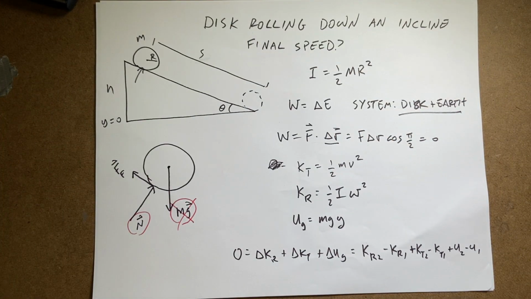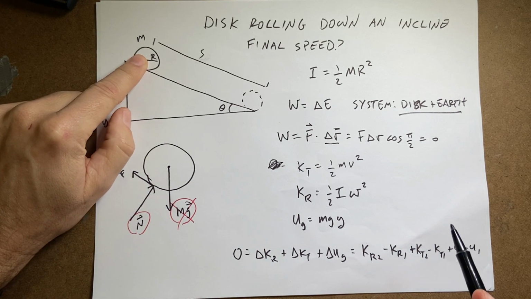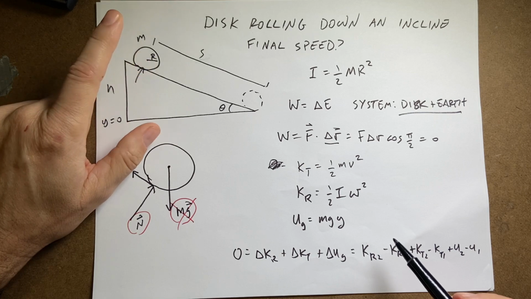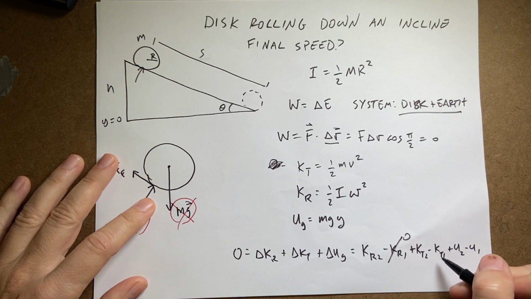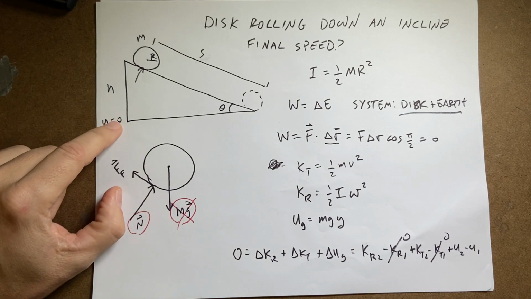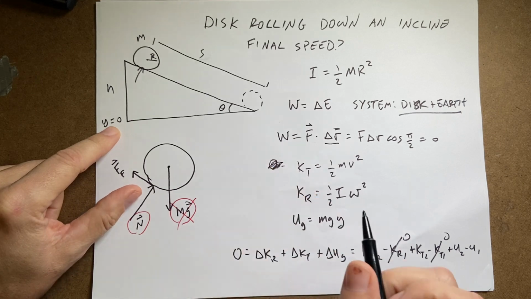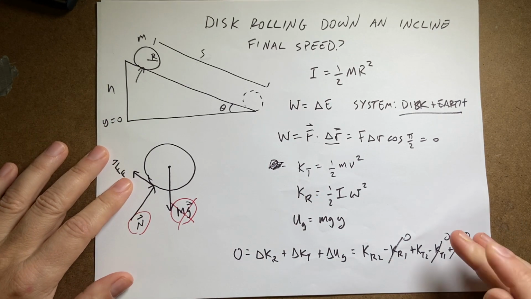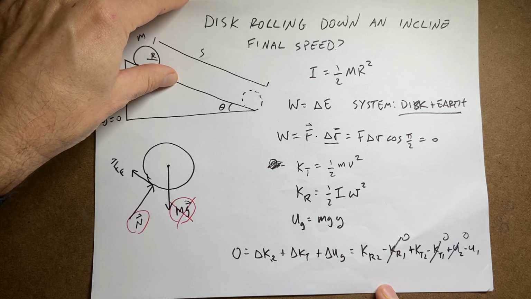Now half of these terms are 0. If I release this from rest, then the initial rotational and translational kinetic energies are 0. Also, at the bottom down here, it's going to have no potential energy, so U2 is 0. Okay, so now I can start writing things out. I'm going to switch to a new piece of paper.